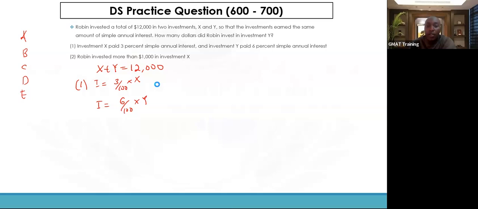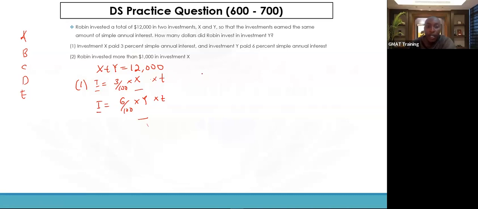In this case, the investments X and Y are over the same unit time. Therefore, you add the value of T because they're all the same. And this interest and this interest are equal, so you can just equate the two expressions.